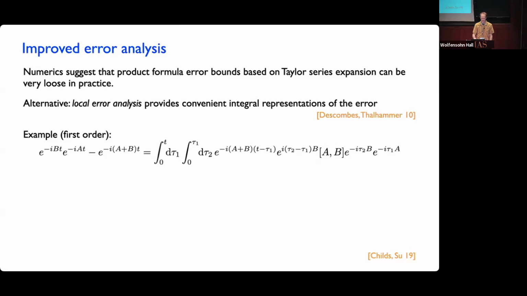So if you take the norm of this and apply the triangle inequality, the norm of this error operator, the error that you make when you approximate this by this, is at most, with no other constants that depend on anything, t squared times the norm of the commutator between A and B.